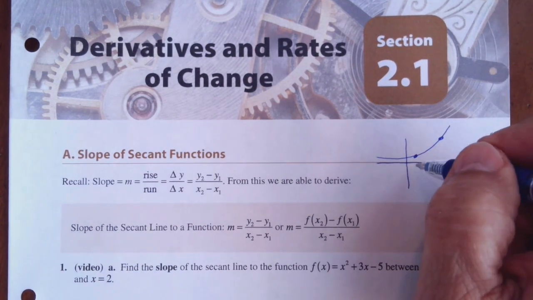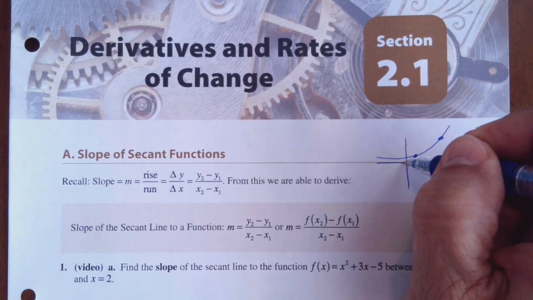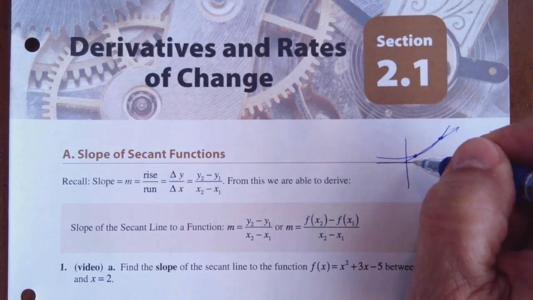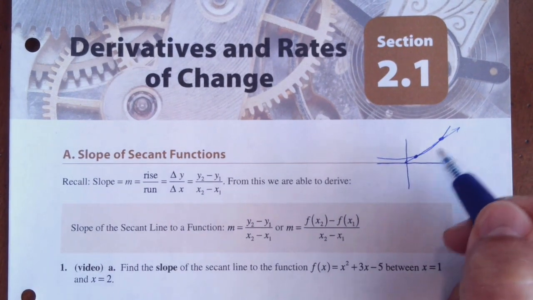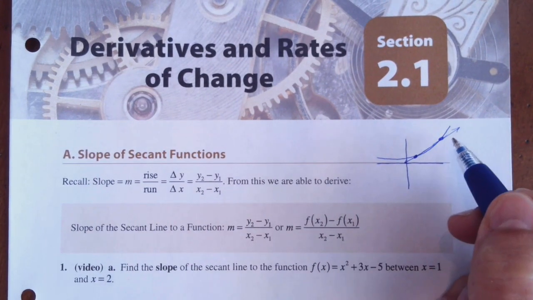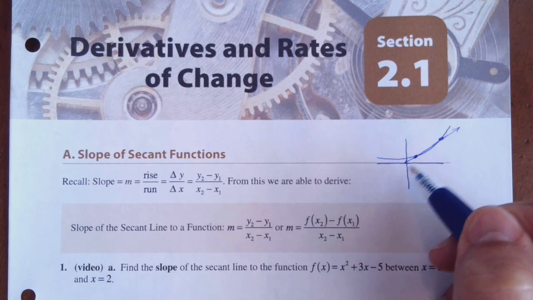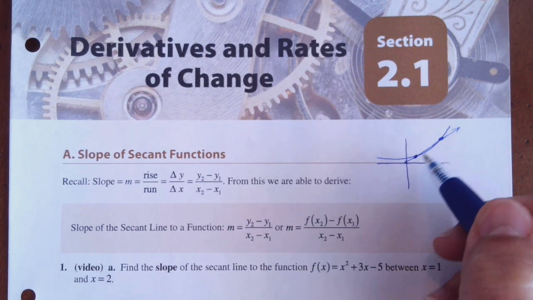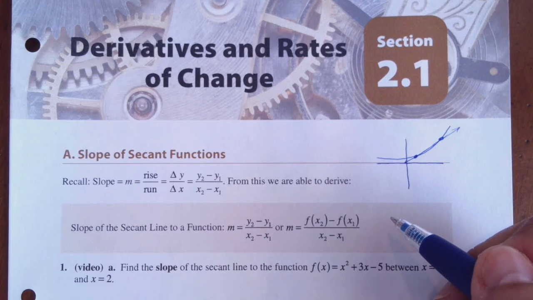So what we're doing in this section is we are creating a secant line, which is a straight line that connects any 2 points on a curved graph, and we're going to find the slope of that line. So that is called a secant line, the line that connects 2 points of a curve, okay?